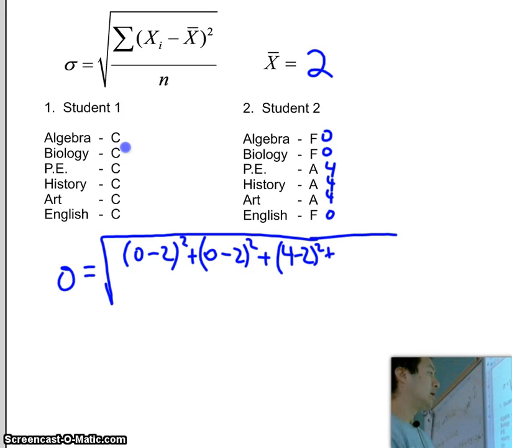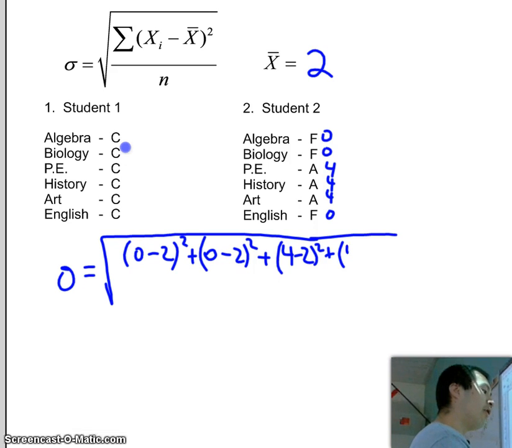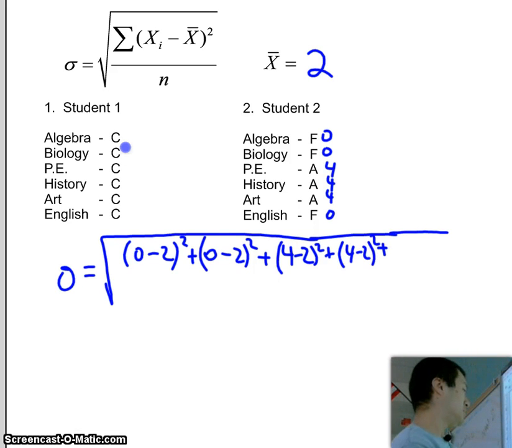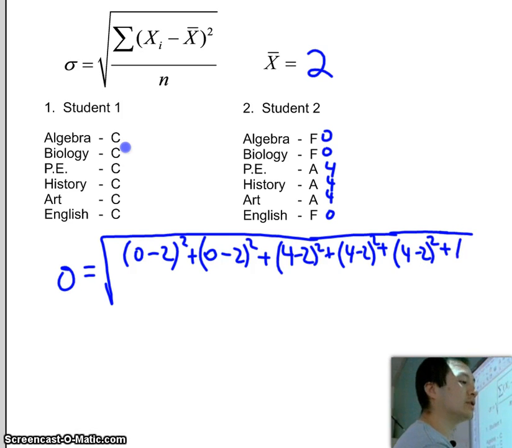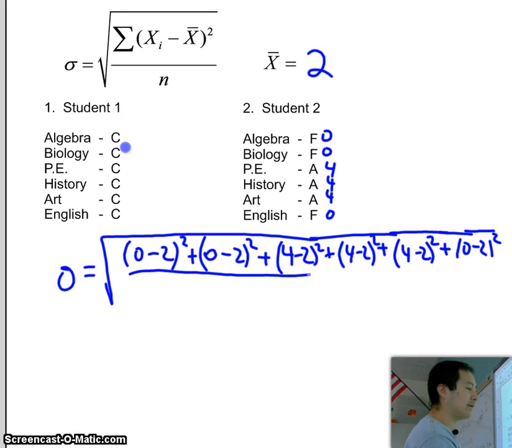Plus history, 4 minus 2 squared. Plus, because the mean's the same, art, 4 minus 2 squared, and finally English, 0 minus 2 squared. Divide by the number of numbers, which is 6.